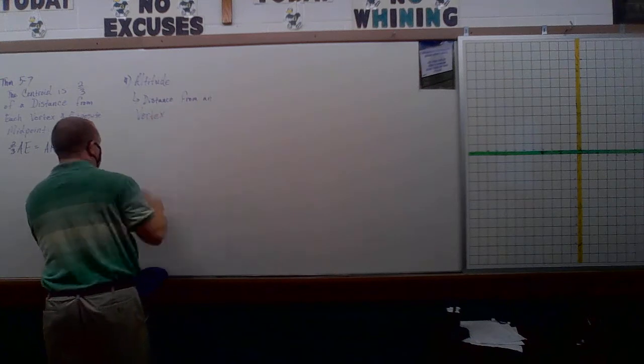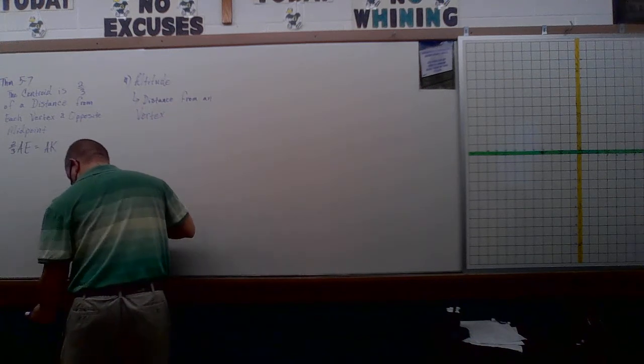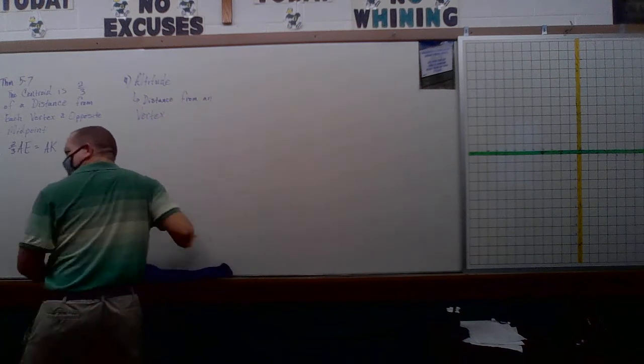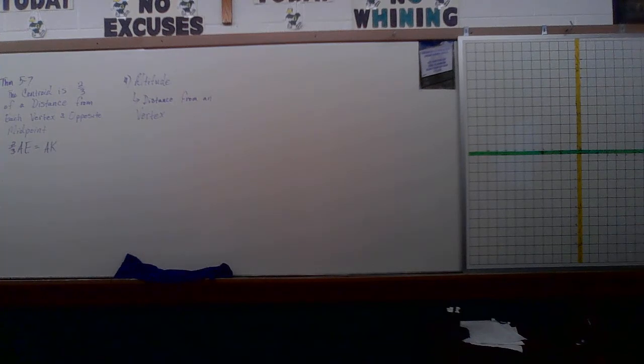So notice what's important about the two that we introduced today. They both start at a vertex. That's what's really important for the two that we are talking about today. Yesterday's, they didn't necessarily have to. Today's, they do.